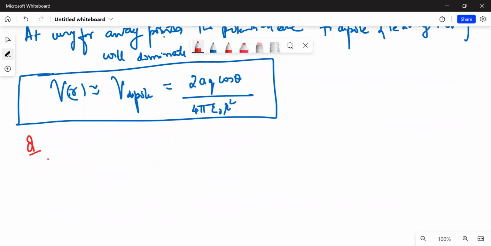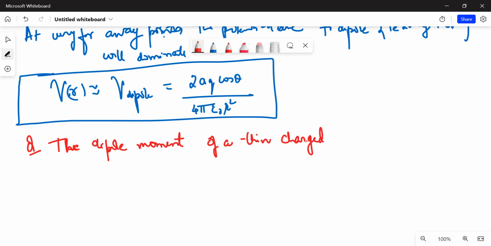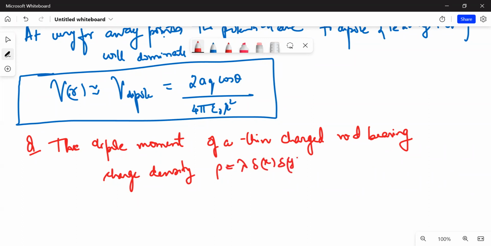So another question would be, the dipole moment is being asked. The dipole moment of a thin charged rod bearing charge density rho is equal to lambda Dirac of x Dirac of y for z belongs to minus a comma a.